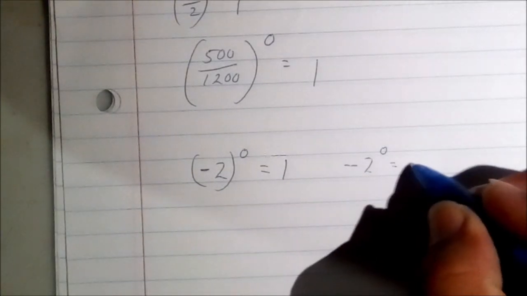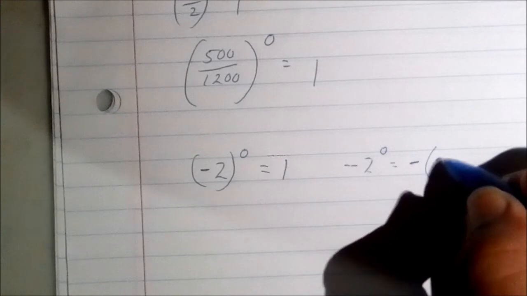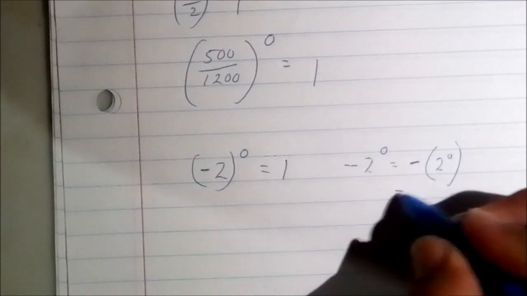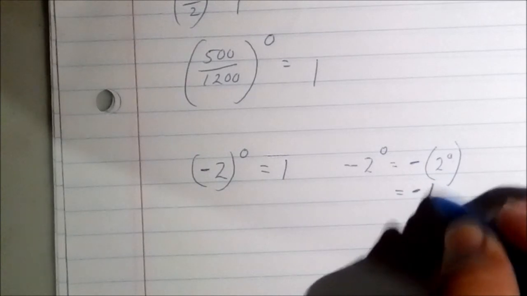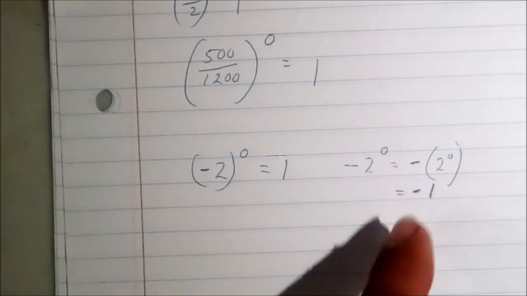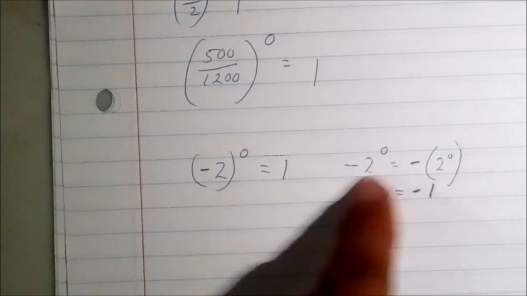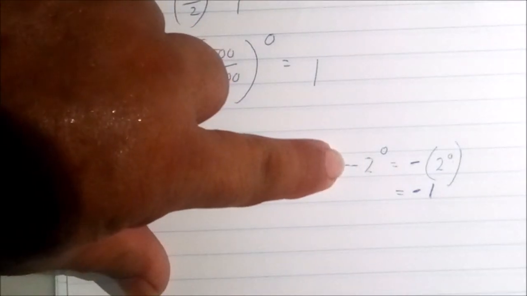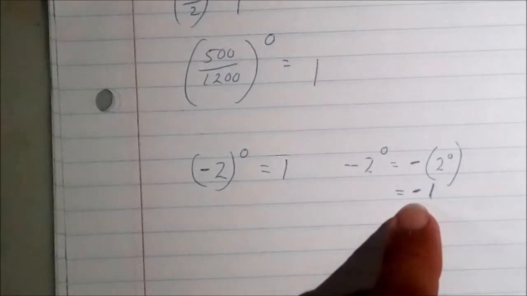So we can say that the negative, open bracket, 2 to the 0 power is what is being raised to the 0 power, which gives us negative 1. In this case, this went against what we would understand, that everything to the 0 power is 1. Here 2 to the 0 power is 1, but because of the negative in front of the value, that became negative 1.